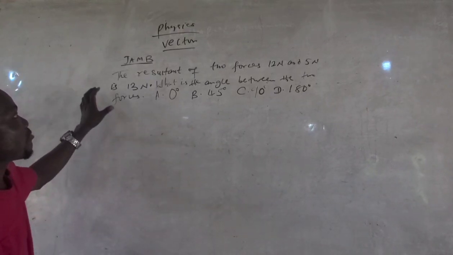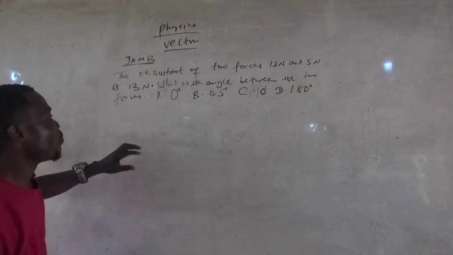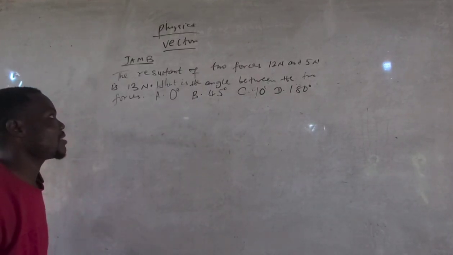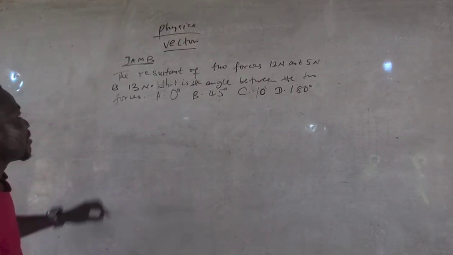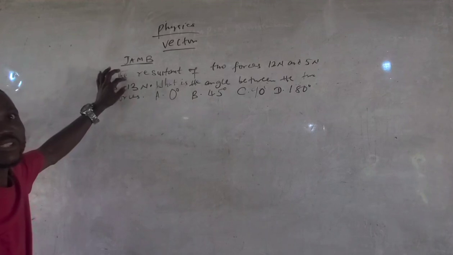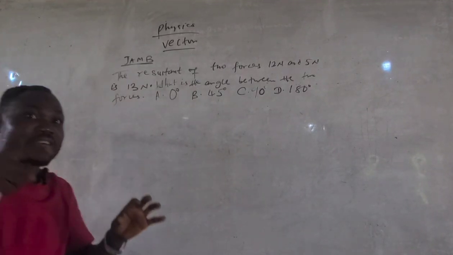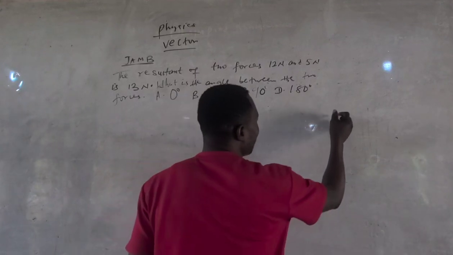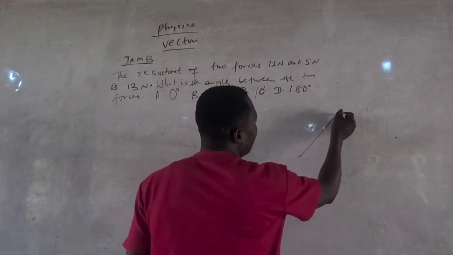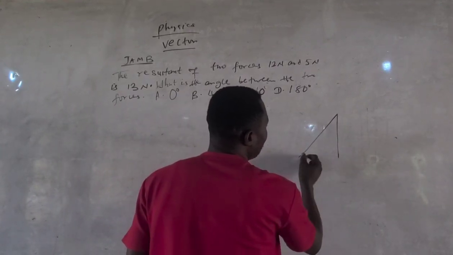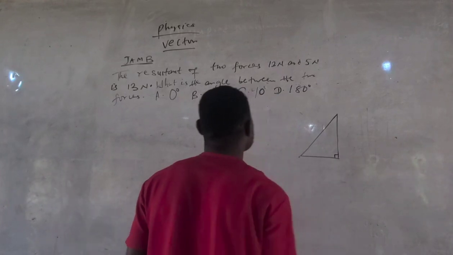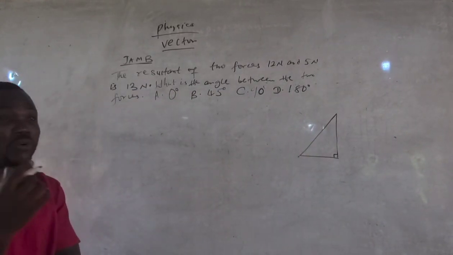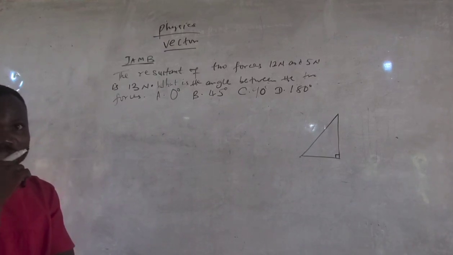Assuming we are to form a triangle with three sides using these three values, 12, 5, and 13, if that triangle is a right angle triangle, remember we use Pythagoras theorem when we have a right angle triangle. If the three sides form a right angle triangle, then this 13 Newton is obviously the hypotenuse.